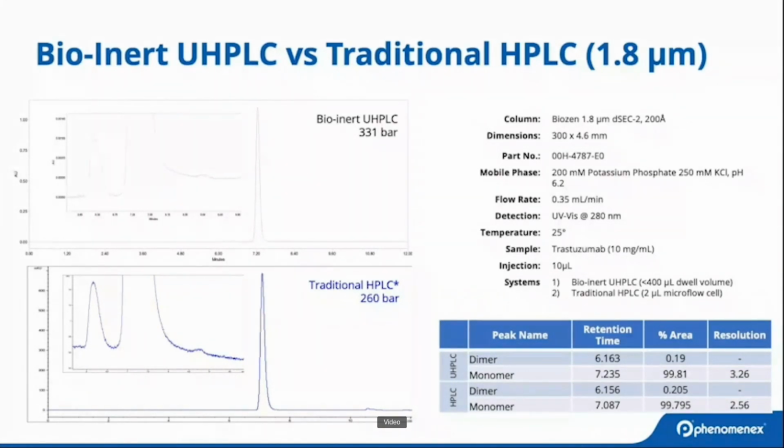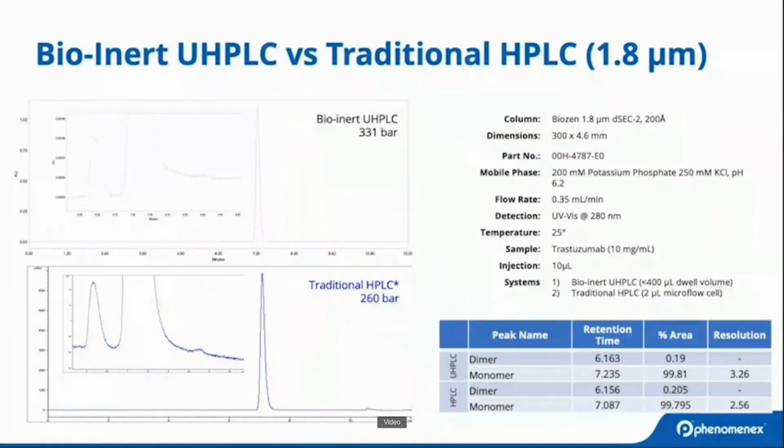It performs very well. Peak shape and overall chromatographic performance is acceptable, although resolution does suffer a little, and this is mainly due to the visually poorer peak shape of the monomer. If we look at the aggregate percentage, you'll see it's still fairly similar.